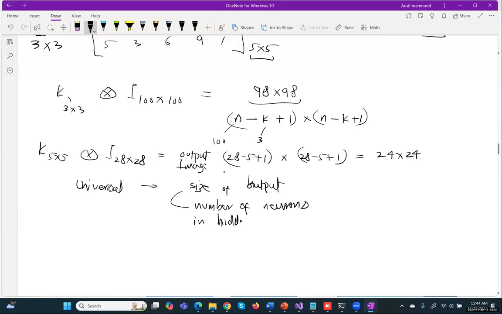Meaning, for example, what if we only have one neuron in the output? What if we have two? Well, we have 10, 100, right? How is this tied to the number of neurons in the hidden layer? Okay. And the answer is universal approximation theorem.